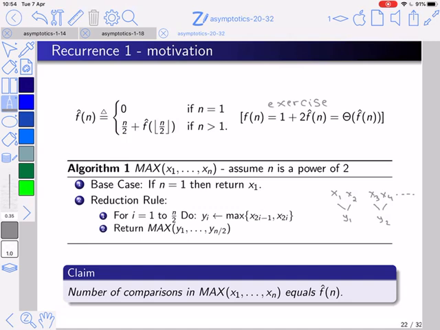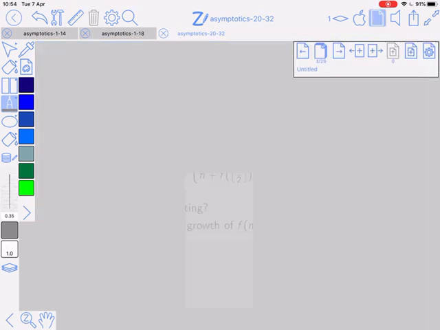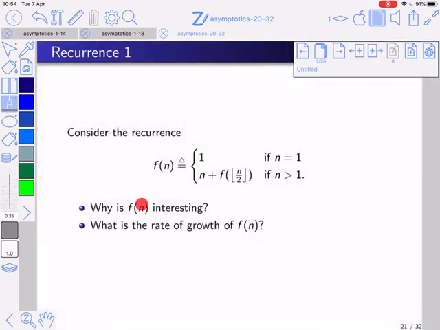And then you apply the procedure recursively with n over 2 elements. Therefore, if this number equals the number of comparisons that you do in the recursive call, then this number equals the total number of comparisons. And that proves the claim. Okay, so I think that we answered the first question, namely, why is f of n interesting?